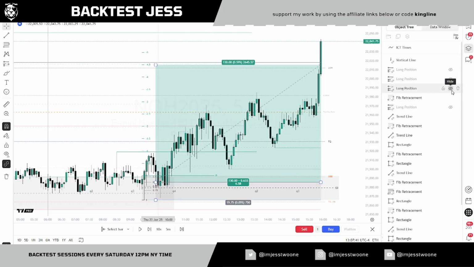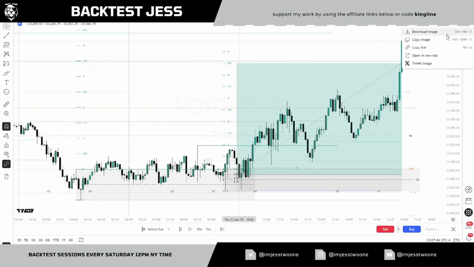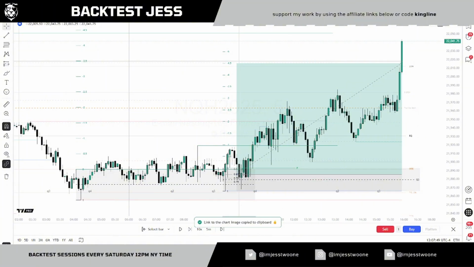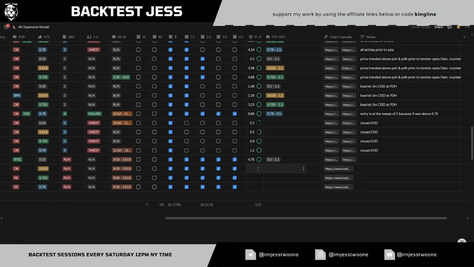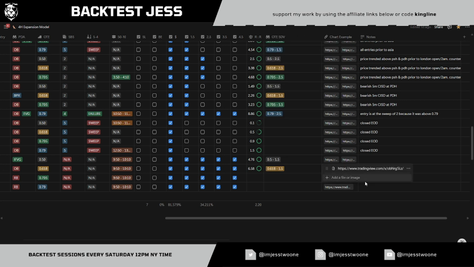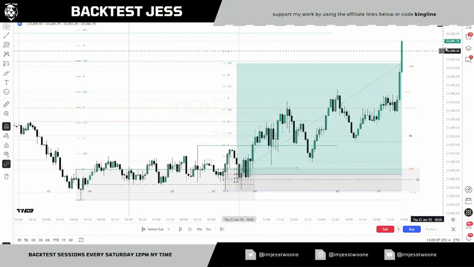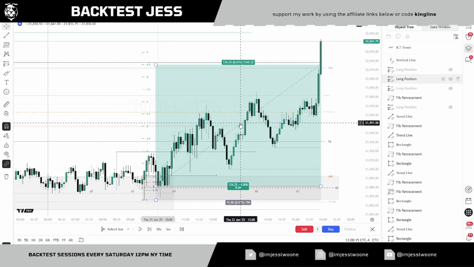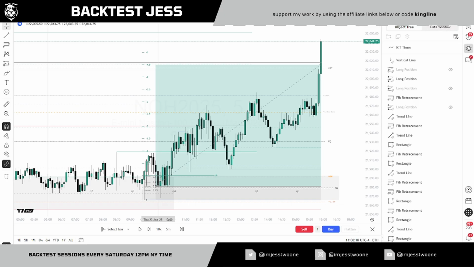And 0.618 next. This is a 6.58R trade. This is the same thing. We delivered straight to 1.5. And then the next one, 8.66R trade.